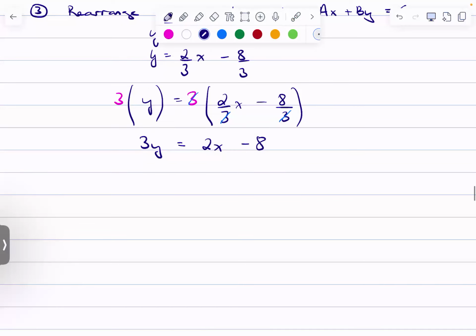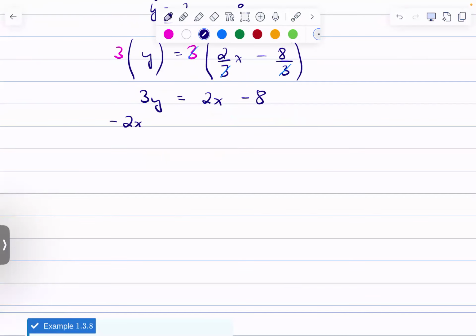Okay. So I get minus 2x plus 3y is equal to -8. Now, we did it. A is -2, B is 3, and C is -8.